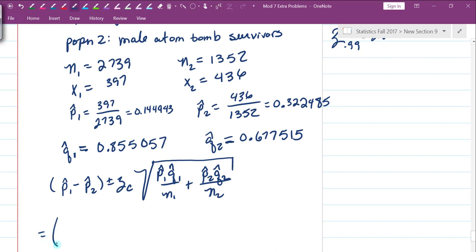So we know p hat 1, and to make it easier, I'll go ahead and use decimal form.